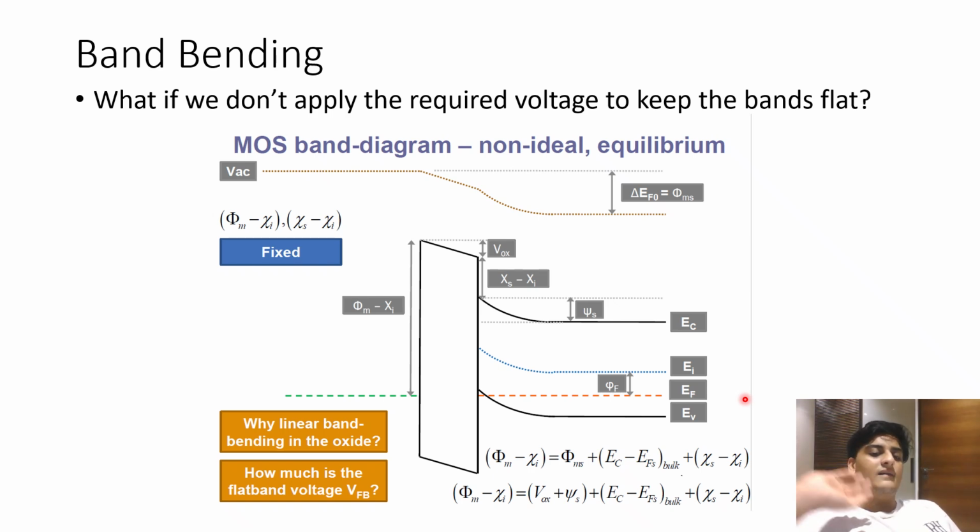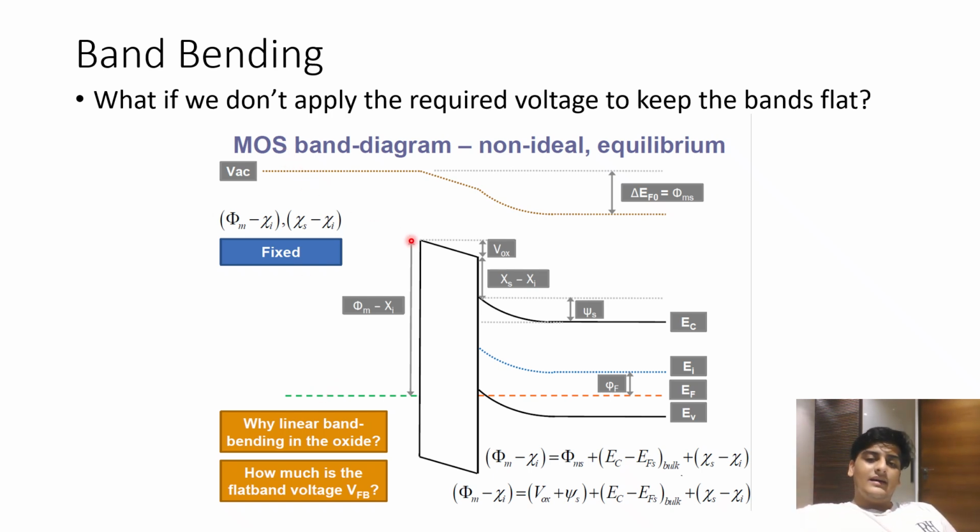Second thing: whenever you're drawing or analyzing band diagrams, the best intuition comes from the extremes. At the extreme left, you have a pure metal. So this band diagram is going to look just like a metallic band diagram, where this is the Fermi level and this is the vacuum level.